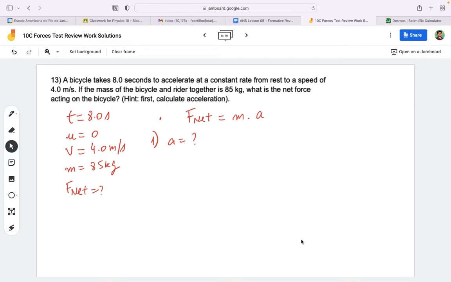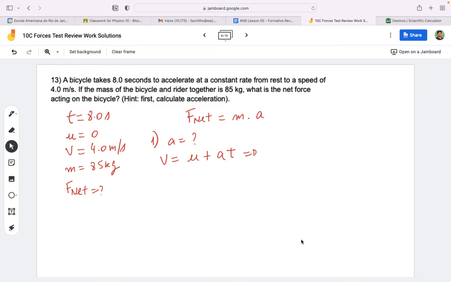the initial velocity, the final velocity given, and the time it takes for the acceleration to take place. So if we use the SUVAT equation, v equals u plus at, and plug in the values in order to figure out what the acceleration is, then we solve the first step of the problem.